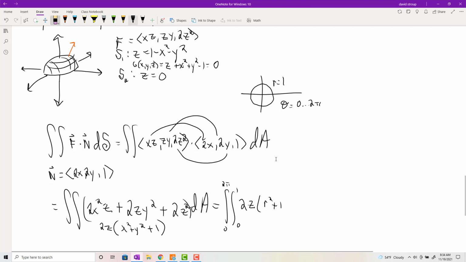So I guess I have a plus z in there. Plus z. And then, just make sure I'm right with my notes before we progress. Let's see, and then you have r dθ.